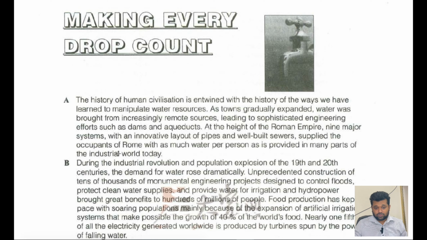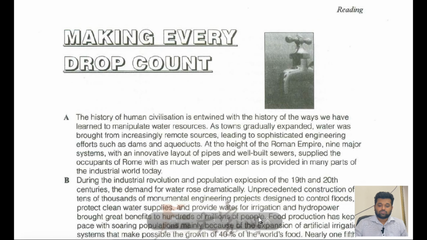So we see that the first para is about the history of water management. So we can understand this passage is going to show us the water management and sewage system, drainage system of water, and this is from the beginning of the human history, known history actually.